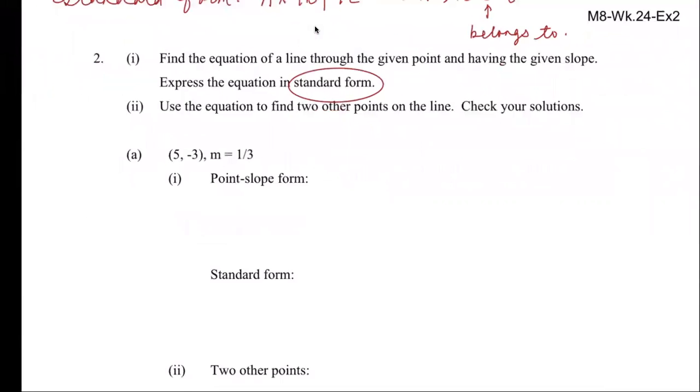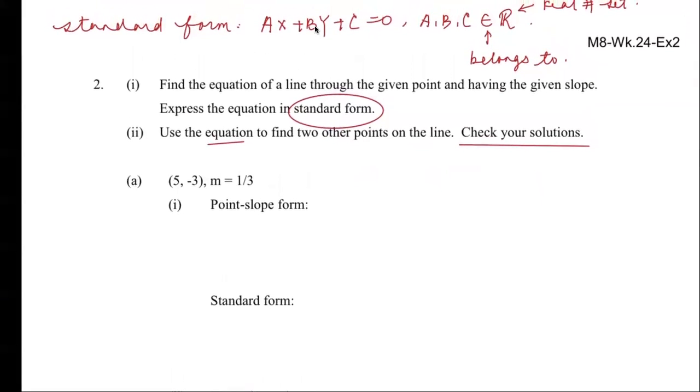And number 2 says, use the equation to find 2 other points on the line. Check your solutions. The check your solutions here is kind of weird. How do we check our solutions? We find the equation based on the information given. We're given a point and a slope, and we can use these 2 pieces of information to find the expression of the straight line.